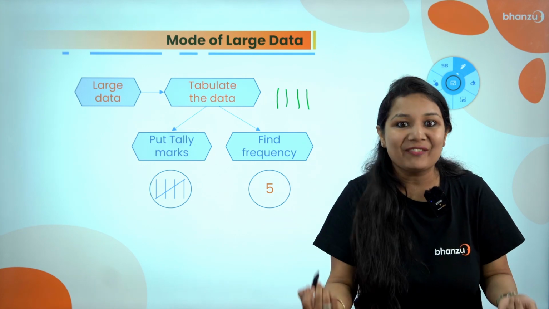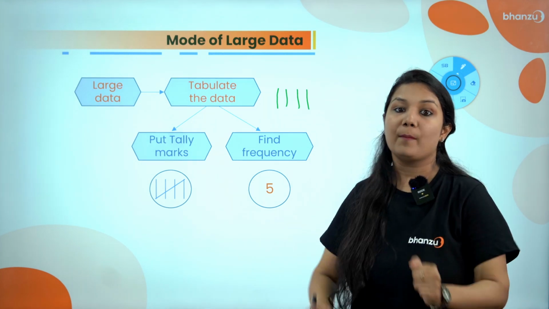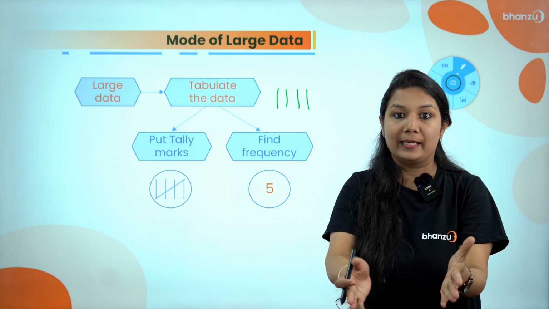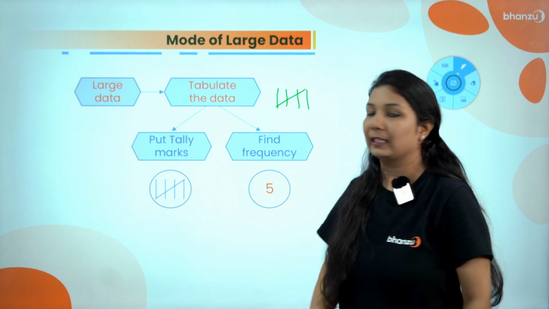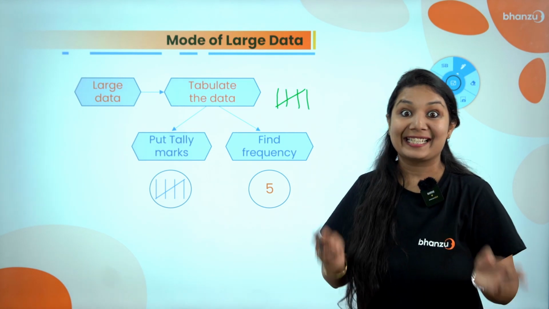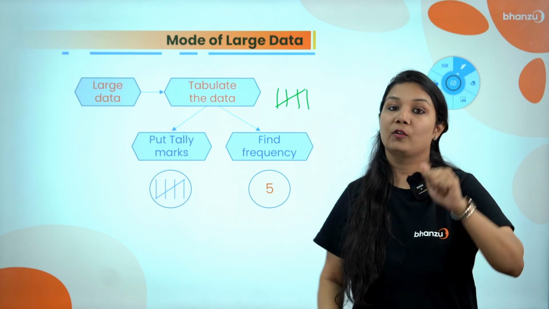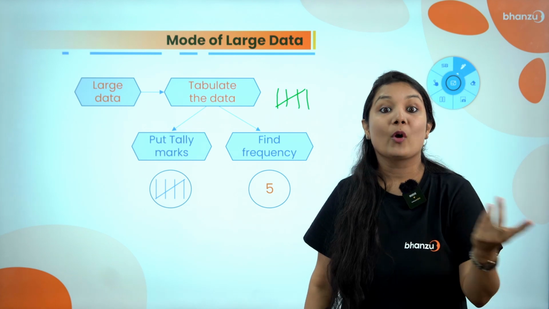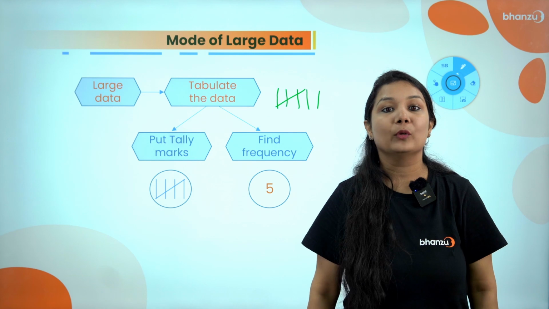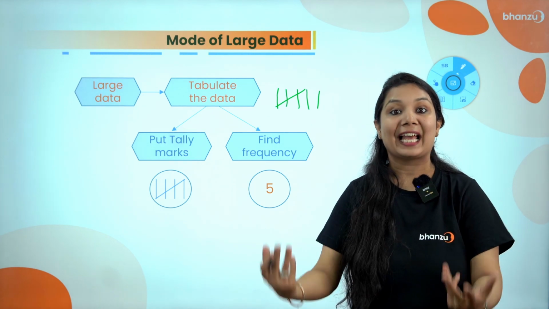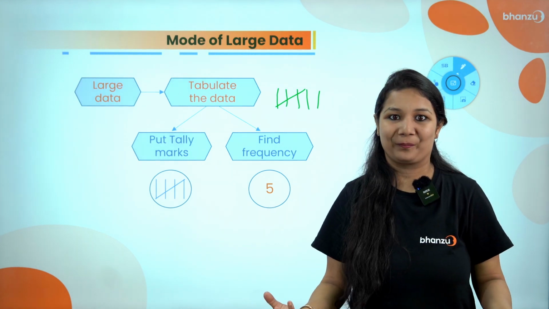But as and when the fifth 2 comes, you need to take a break now. Instead of putting a vertical line, we are going to put a slanting line. So this tells us we have a group of 5 twos now. What about the 6th 2? Start again from a new line. So this is how the tally marks work, right?